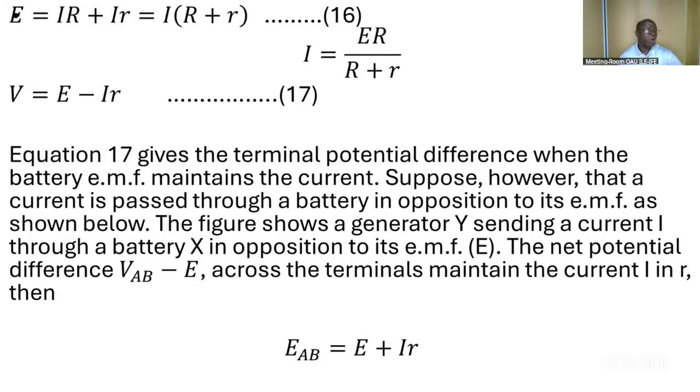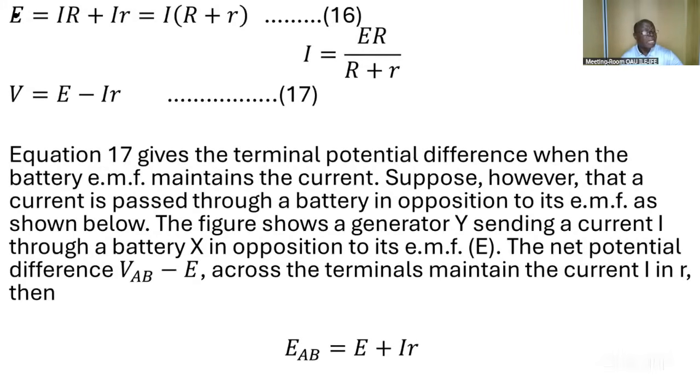You can see from here, your E is equal to, look at what I wrote here. Don't forget, it is just simple mathematics. For example, I can say I is equal to E all over R plus small r. For you to get I, the equation under equation 16 is straightforward.